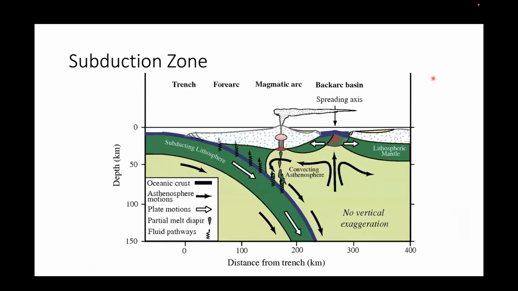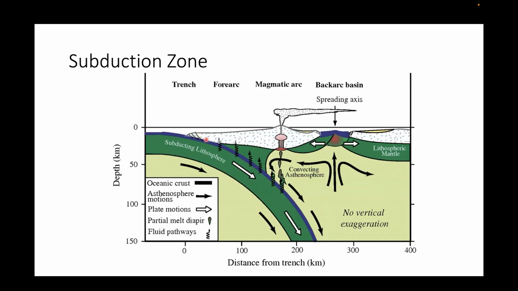So this is the schematic diagram for the subduction zone. Subduction zone is important for geophysics, because this is the most important driving force for plate tectonics. The cold subducting lithosphere has a higher density than the overriding lithosphere, so it sinks down into the mantle, and as it sinks, it acts as the major transportation for the hydrosphere and the biosphere, and it brings carbon and water into the mantle.